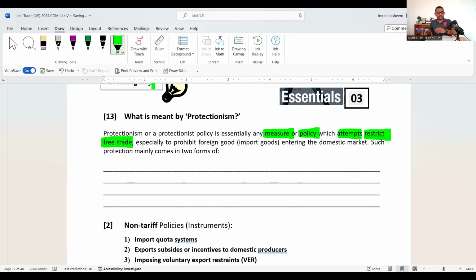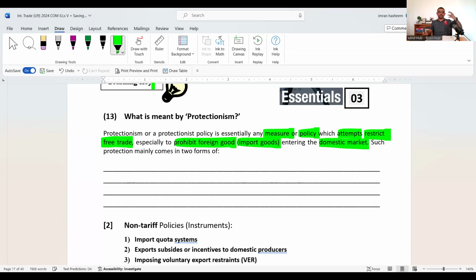Here the word free means without any kind of barriers, tax or non-tax barriers. Especially prohibiting foreign goods, that is imports, from entering the domestic market.